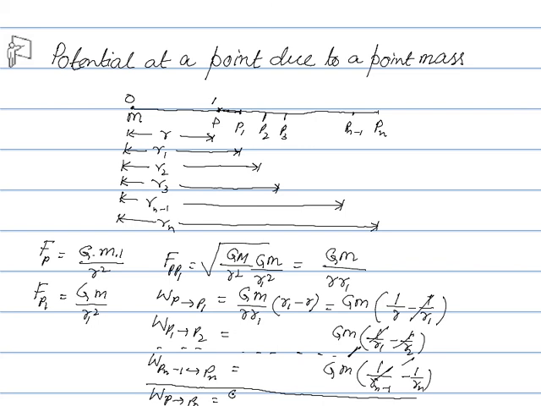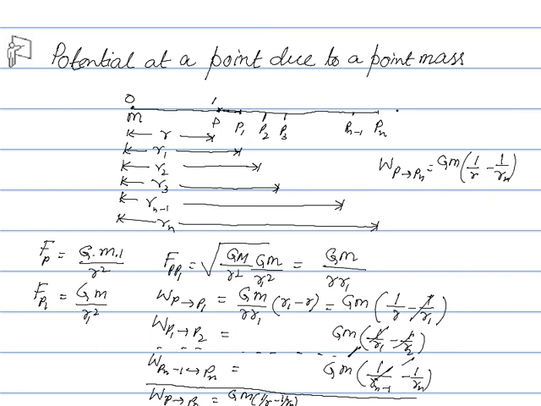So this becomes GM times 1 by r minus 1 by Rn. So this is the work done to displace the unit mass from P to Pn.